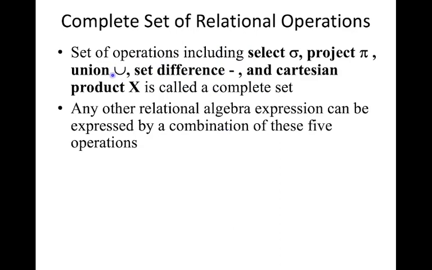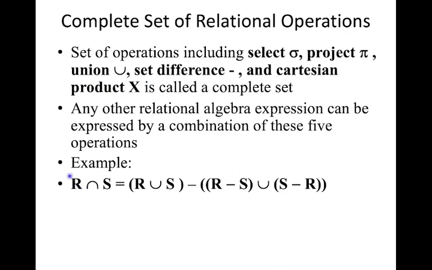If you want to specify R intersection S using these operations, I will show an example. The intersection operation can be specified using union and difference. Union and difference are included in this set, and intersection is not.